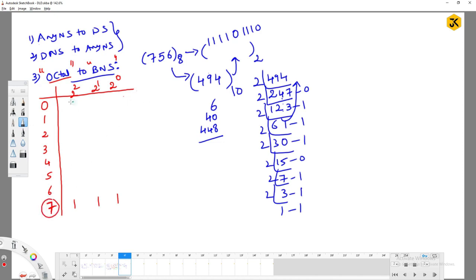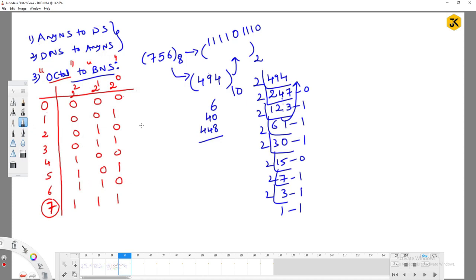Similarly, if you want to get the number 0, what do you have to do for these three places? 0 0 0, right? Similarly I can write 0 0 1, 0 1 0, 0 1 1, 1 0 0, 1 0 1, 1 1 0, 1 1 1.